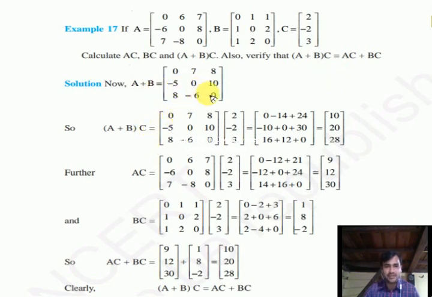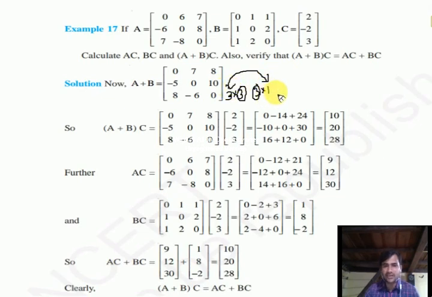To find A plus B into C, you need to write the orders here. What is the order of A plus B? Order of A plus B is 3 cross 3. What is the order of C? Order of C is 3 cross 1. So you need to take these two common, otherwise matrix multiplication is not possible. Then the resultant matrix will be of this particular order, this first number and this last number.